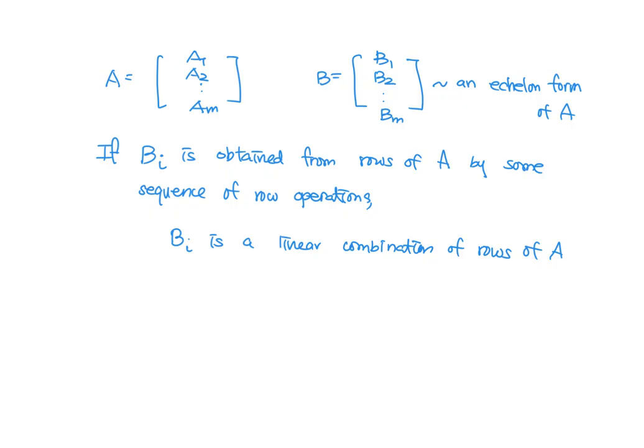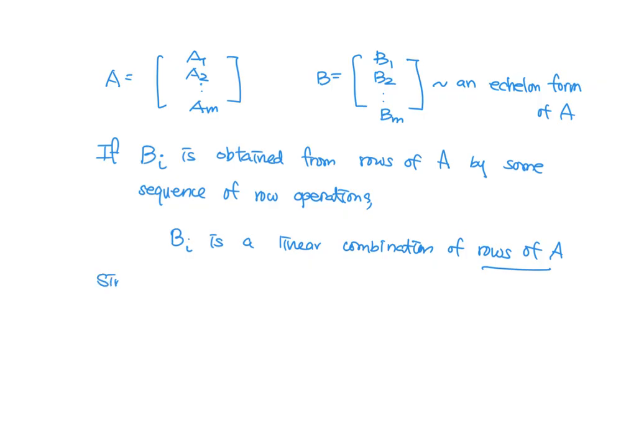And I said these row operations are reversible. If B is an echelon form of A, then each row of B is obtained from the rows of A. In other words, each row of B is a linear combination of the rows of A. But I can undo these operations because row operations are all reversible. That means I can derive the A matrix from the rows of the B matrix. In other words, each row of A can be written as a linear combination of rows of the B matrix. Right?